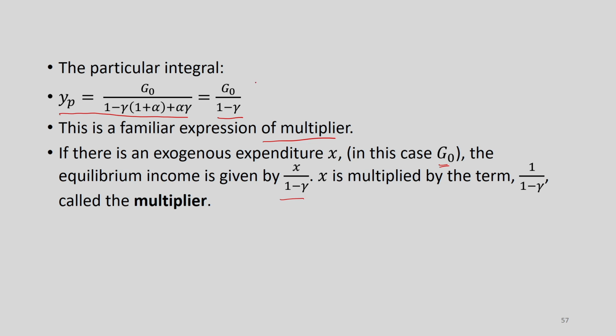Here the same thing is happening, G_0 divided by 1 minus gamma. X is multiplied by this term, and this term is called the multiplier, 1 divided by 1 minus gamma. And what is gamma? Marginal propensity to consume. That is why I said that MPC is an element of the multiplier.